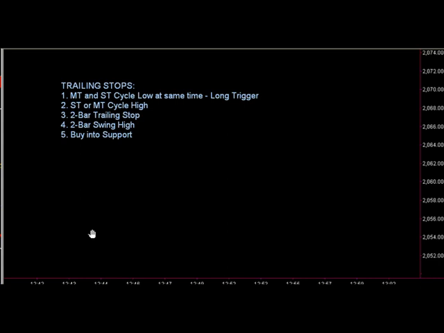If you're able to trade in multiples of 4, then you could take off 2 at support, take off 1 more with the next cycle high, and then you've got 1 last one to hang in there for the really big moves. And again, don't count on those big moves. Don't build your whole trailing stop scenario around trying to catch the big moves. You'll get very frustrated if you do that.